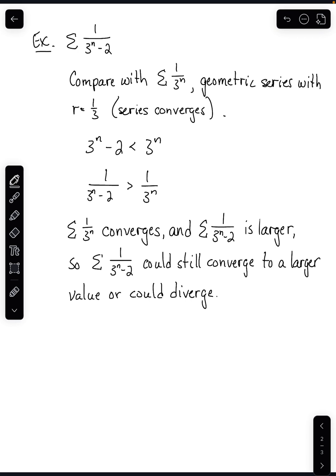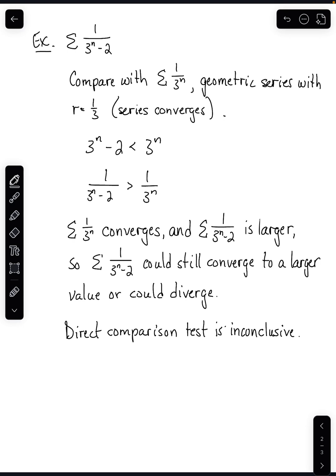Because of that, the direct comparison test here is inconclusive. It is a limited test. It is based on the idea that we can find a similar appearing series that is easy to determine the convergence or divergence of.